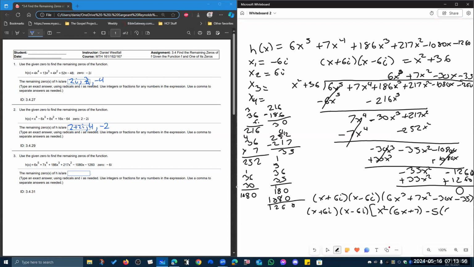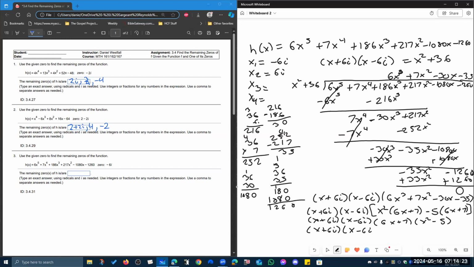It's going to give me 6x plus 7. And that makes this x plus 6i, x minus 6i. 6x plus 7 is my greatest common factor. Then x squared minus 5. And that becomes x plus 6i, x minus 6i.